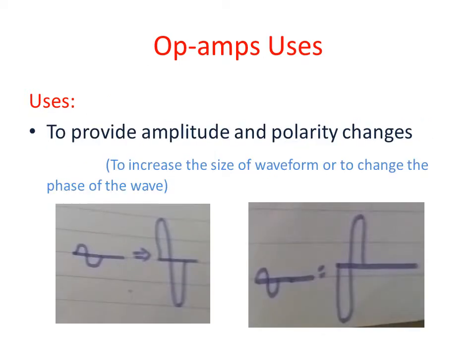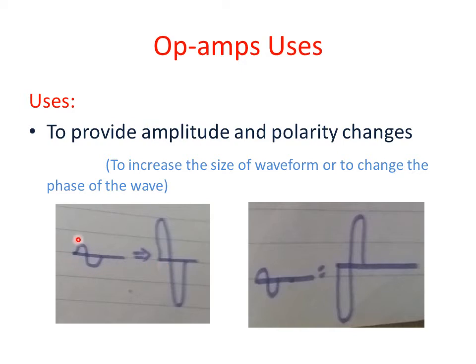Let us see a few uses of operational amplifiers, where they are used or what their applications are. First, the most simple application of an operational amplifier is that it can provide us amplitude and polarity changes. What do we mean by amplitude? Please look at this diagram. Here I have a small sine wave and I can now see a large or an amplified sine wave.